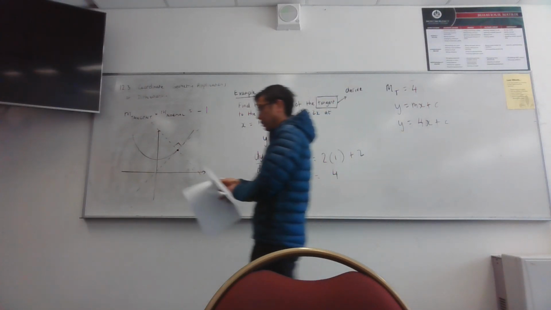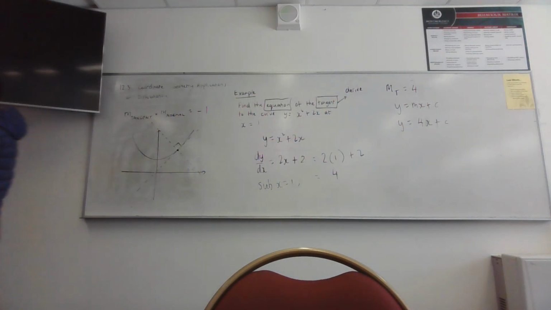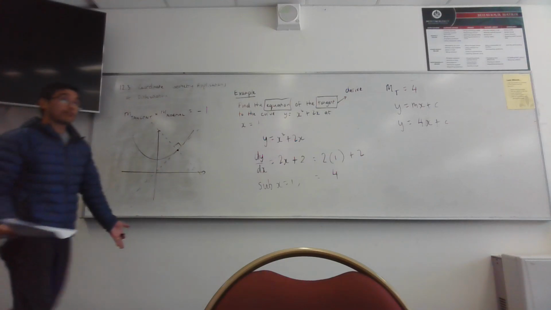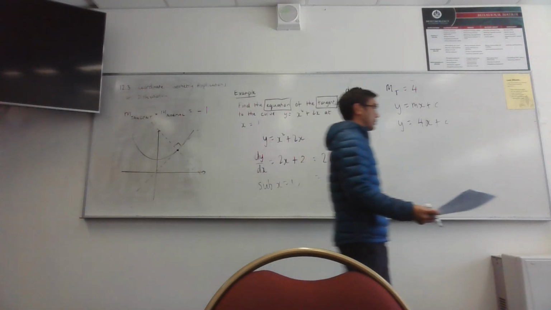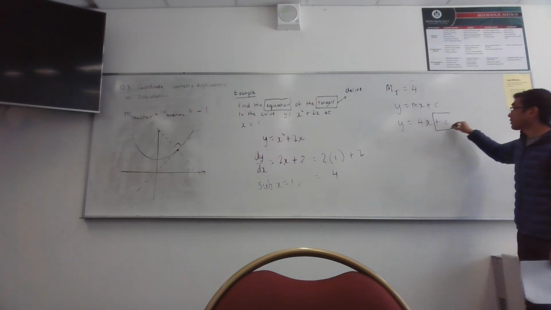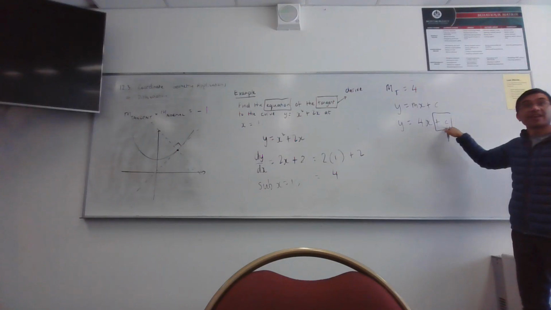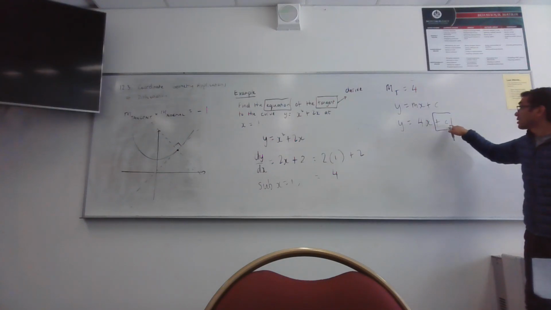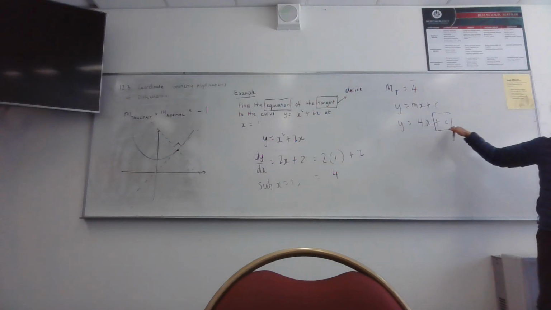We'll keep going. What are we going to do next? This is where it can get a bit tricky. What are we trying to find out here? We already know the gradient, it's 4. We're trying to find c. I've got 3 unknowns here.